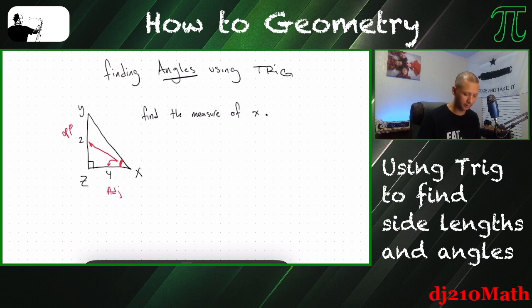Now, in terms of sine, cosine, and tangent, the one that pertains to opposite over adjacent is going to be tangent.